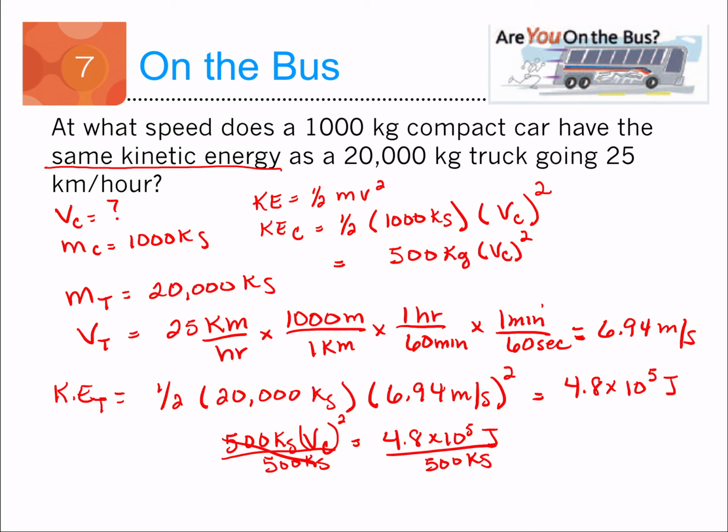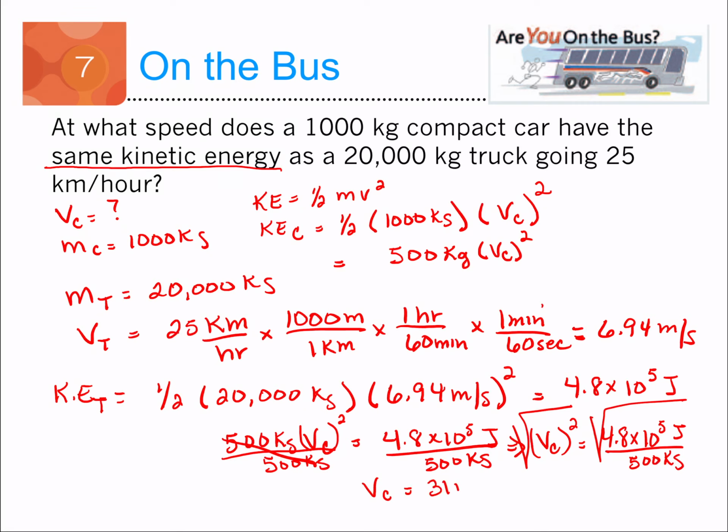So then we're going to have velocity of the car squared is going to be 4.8 times 10 to the 5th joules over 500 kilograms. We take the square root of both sides, and therefore we're going to get v of the car to be 31 meters per second. So that is your answer. And that ends part 1 of chapter 7.